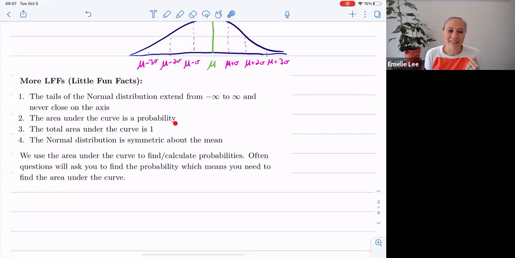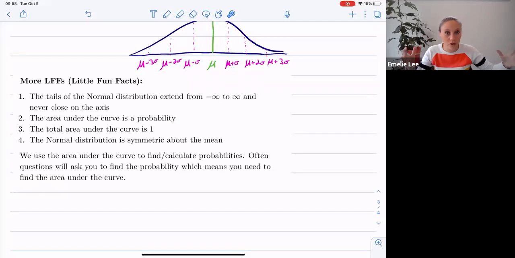And those tables that I posted have already done the integration for you. So we completely bypass that, but just know that that's what's been done.